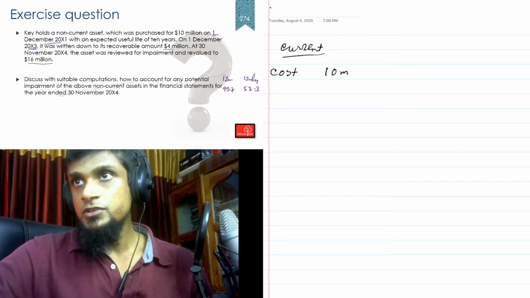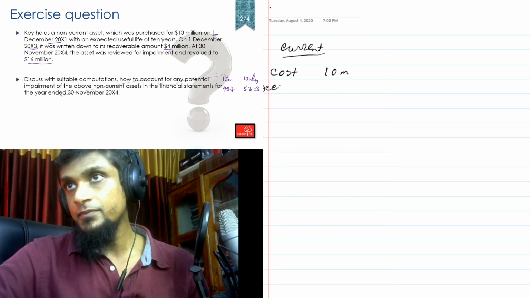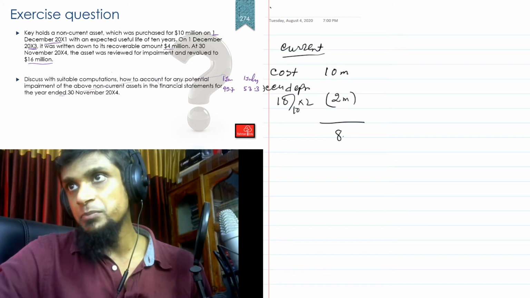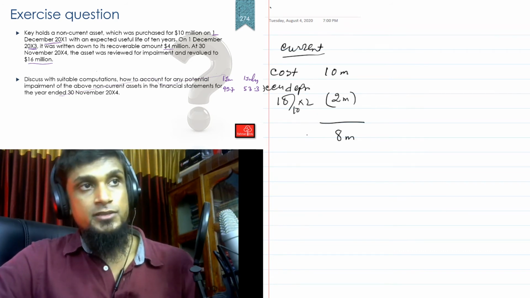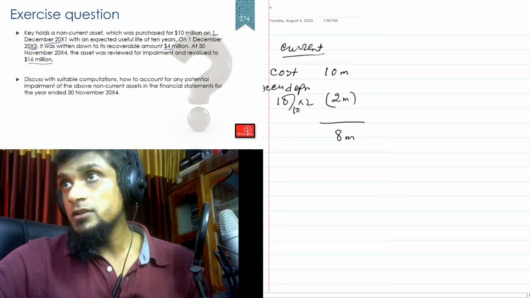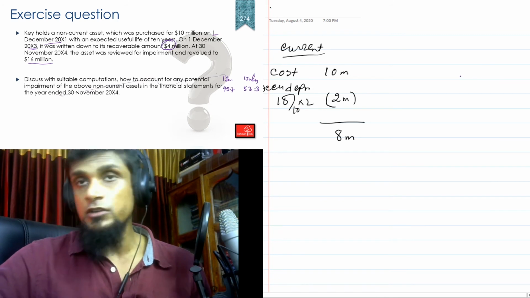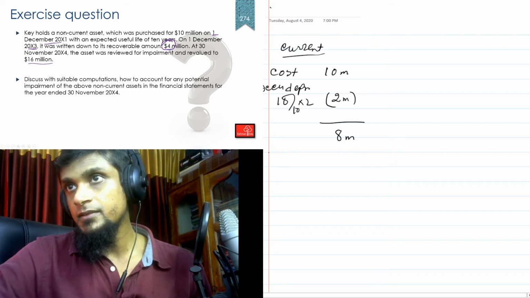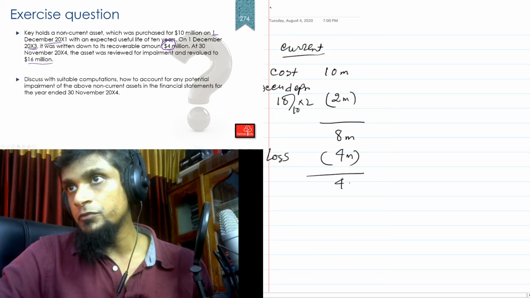So accumulated depreciation, 10 over 10 multiplied by 2, is going to be $2 million. Then we got $8 million. And at that point, impairment was carried out and the asset was written down to $4 million. So let's put that over here. Loss $4 million. And then we got a carrying value of $4 million.